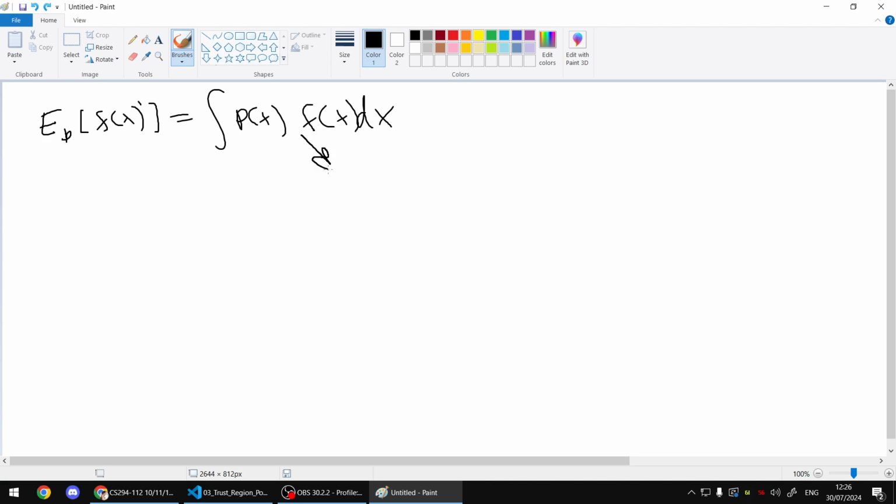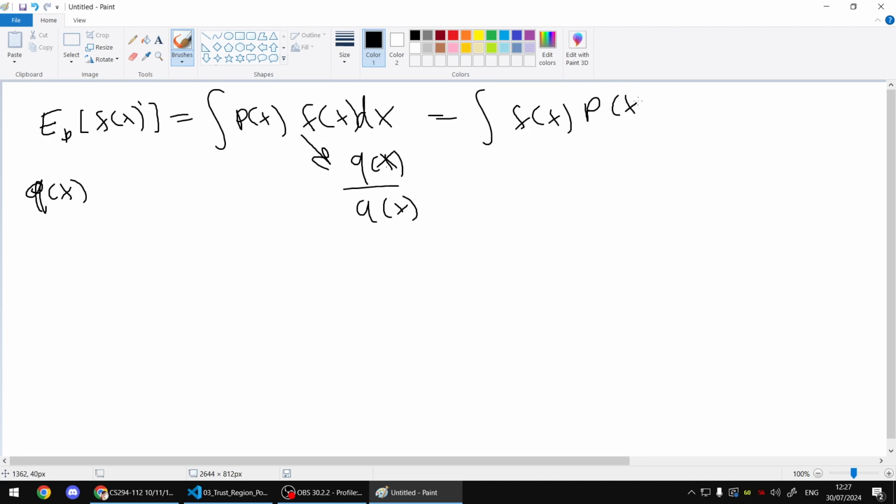And we can say we have some other distribution which we call q, and then we can multiply by a ratio of 1, and rewrite the same definition using f of x, keeping p divided by q, with one q of x remaining.